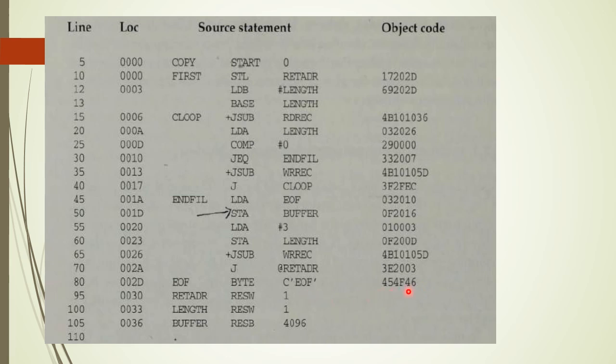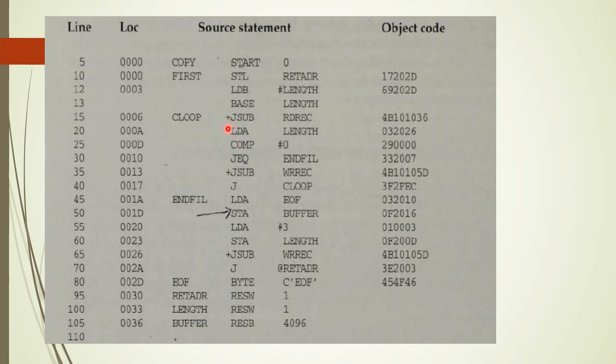We are just mentioning the constant values of these characters. So that's why there is no object code with respect to an assembler directive: START, BASE, BYTE, RESW and RESB.